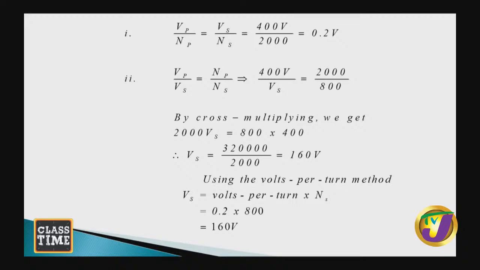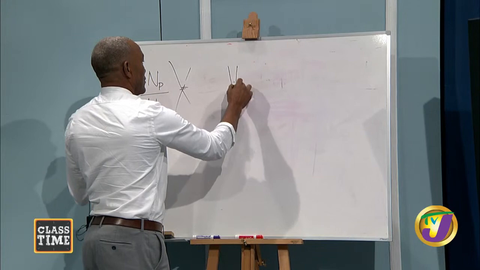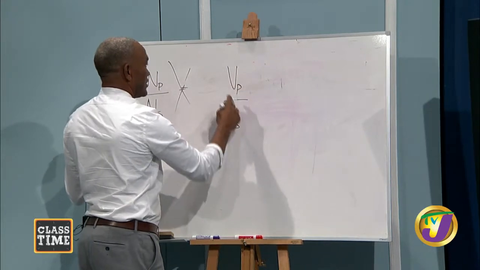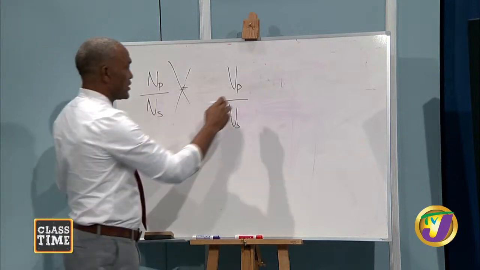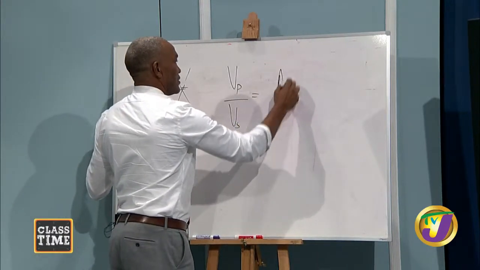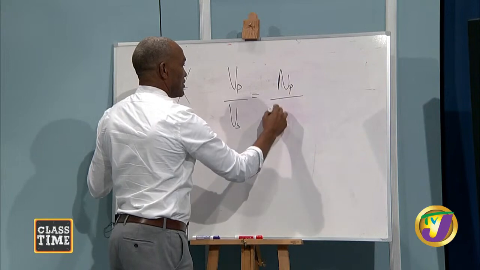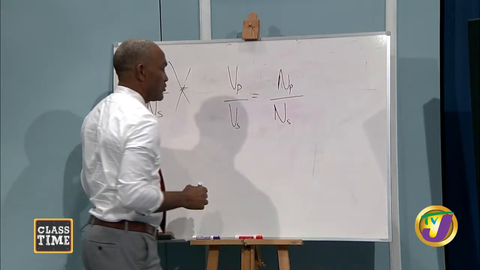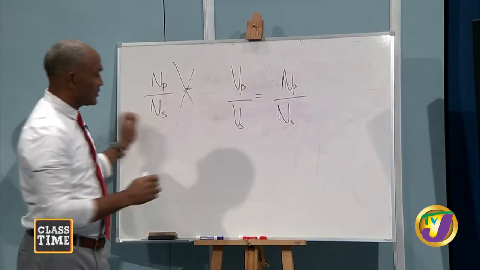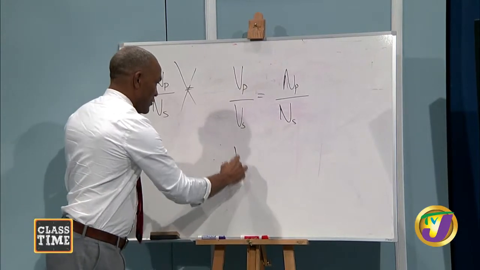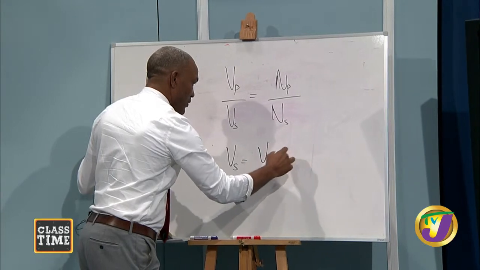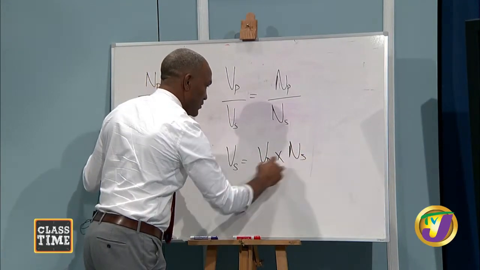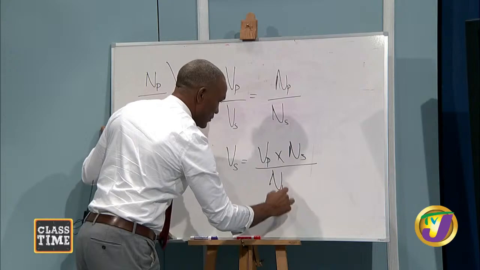And we said Vp over Vs, which is primary voltage divided by your secondary voltage, is equal to your primary number of turns divided by your secondary number of turns. What do we want to find? Vs. Therefore, Vs is equal to Vp multiplied by Ns over Np.